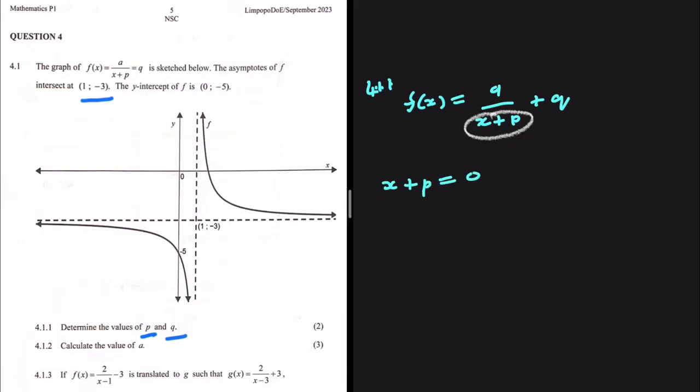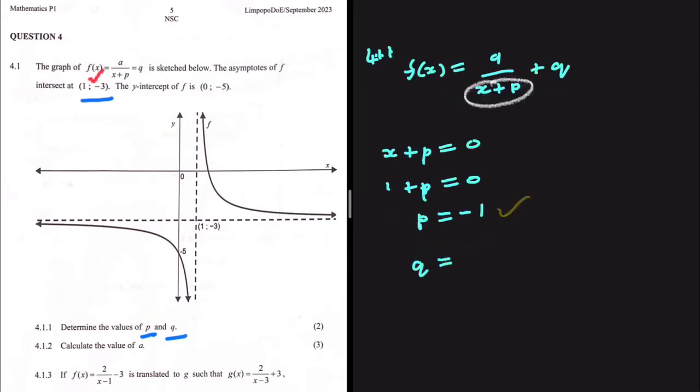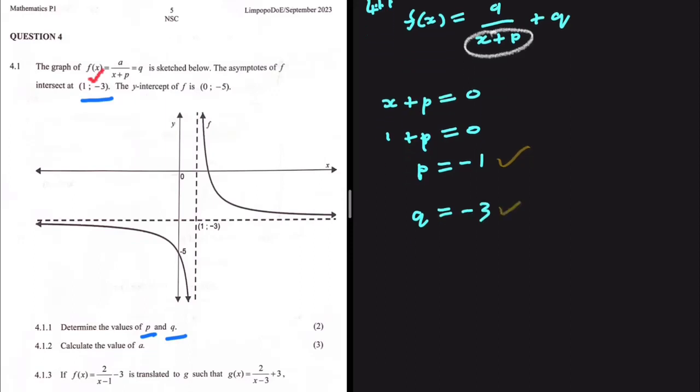But we already have the value of x, which is 1 at the vertical asymptote. So 1 + p = 0, and it is now easy to see that p = −1. The value of q is just equal to the horizontal asymptote, which is −3. So p = −1 and q = −3.